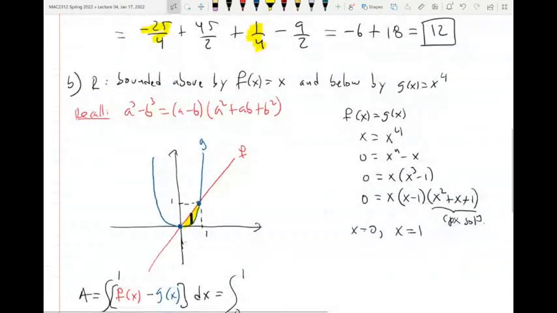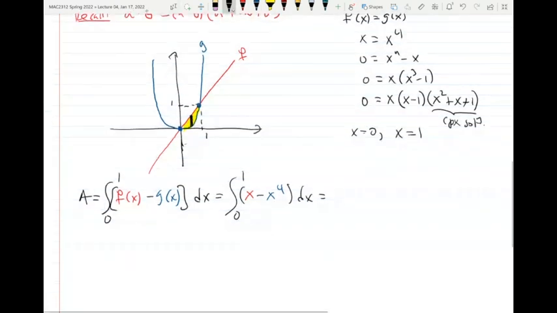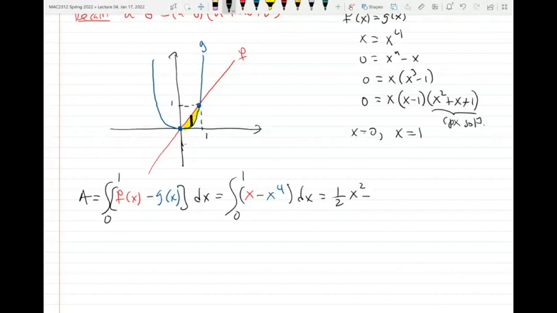All right, so let's see, what's our function f? That's just x. And what's the function g? That's x to the 4. dx, and then we do this using the power rule, right? So 1/2 x squared minus 1/5 x to the 5 from 0 to 1.